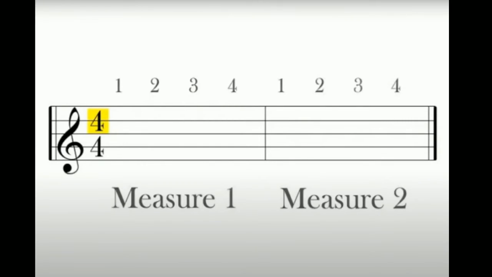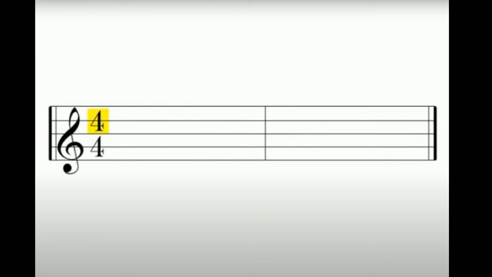Likewise, if the time signature was, say for instance, not 4/4, but 3/4, then there would be 3 equal beats in a measure. 1, 2, 3, 1, 2, 3. Da da da da da da. Can anybody give me an example of what style of music a 3/4 time signature might be?